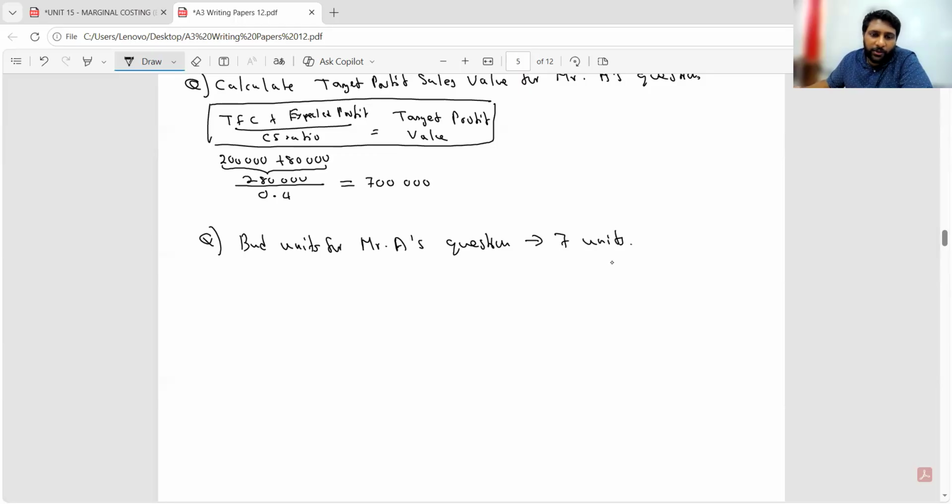Clear now? Calculate the margin of safety value.